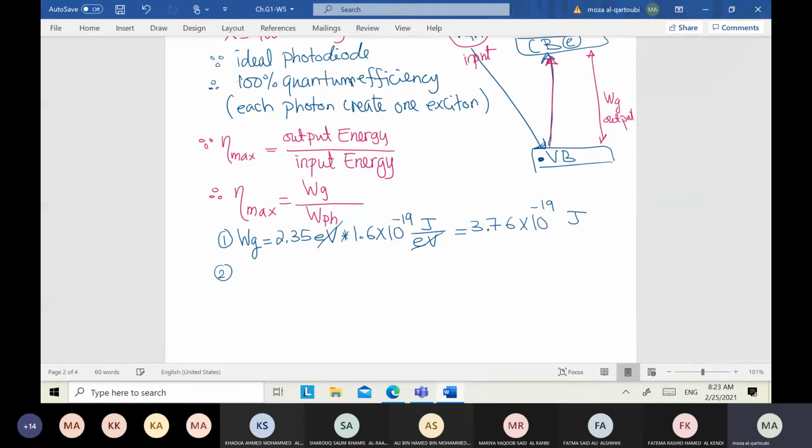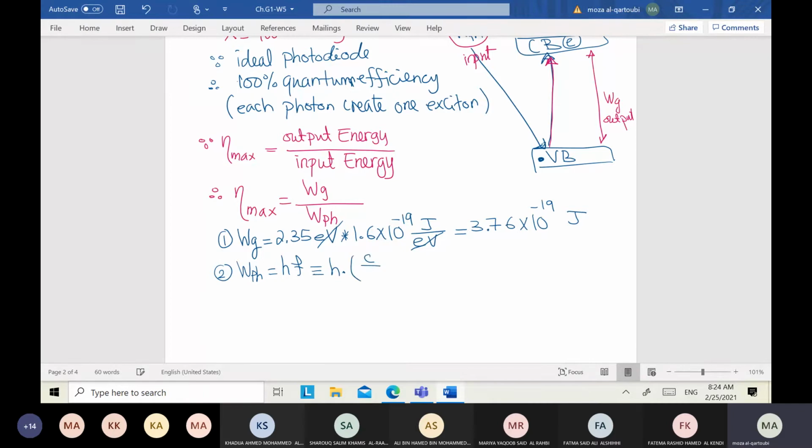The second value to find is the energy of photon, equal to H times F. F is not given directly, so we use the wavelength. F will be C over lambda.